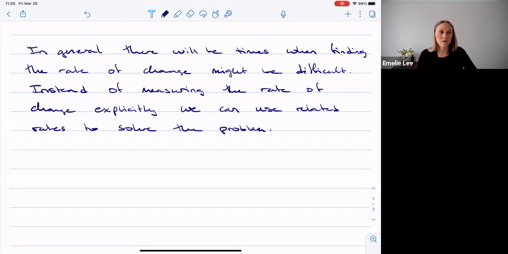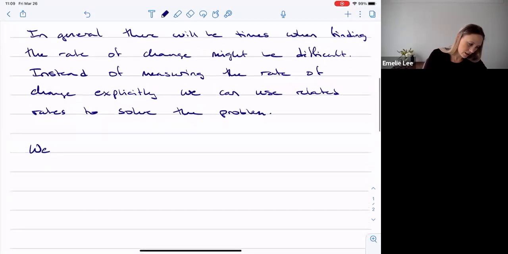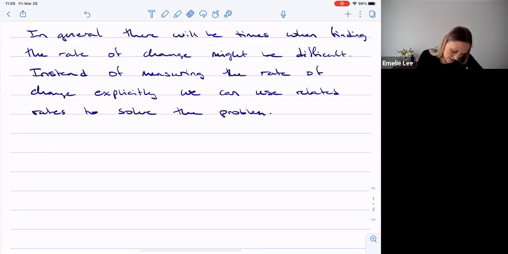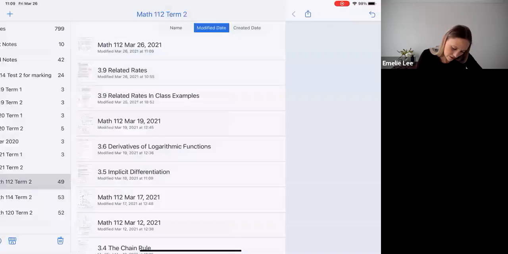Okay. So for us, we compute the rate of change of one quantity in terms of another quantity, which is going to be given, which we already kind of said. So maybe what I want to do is just bring in the step-by-steps, because I kind of went off book there.